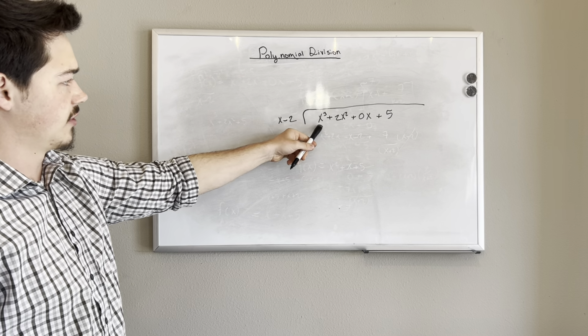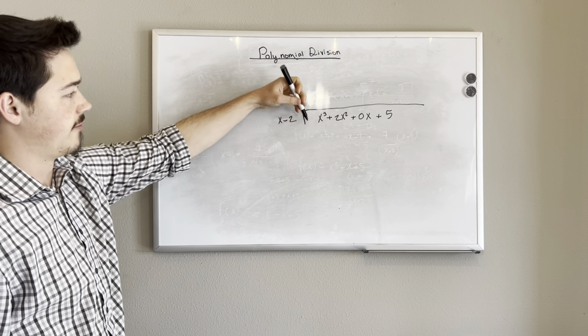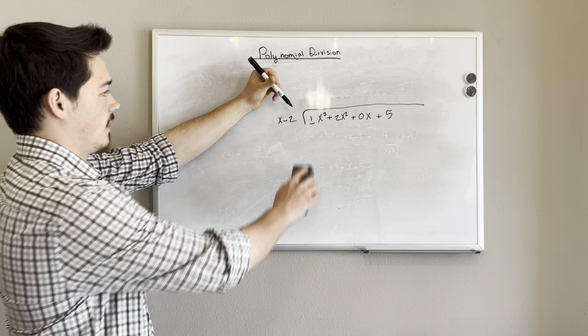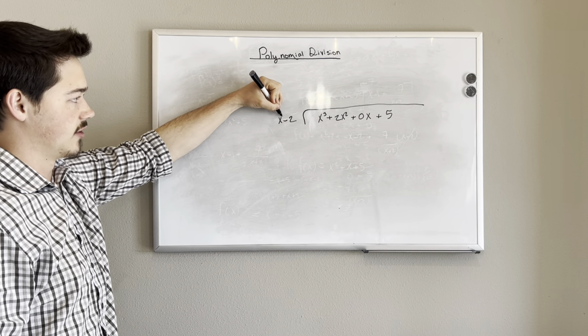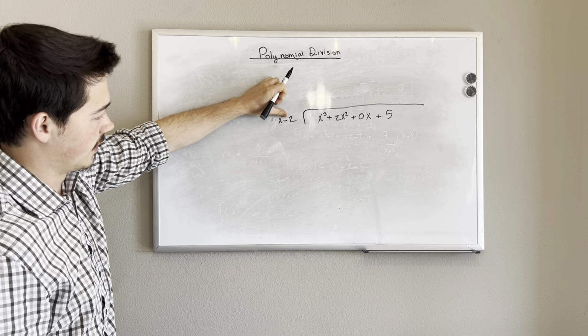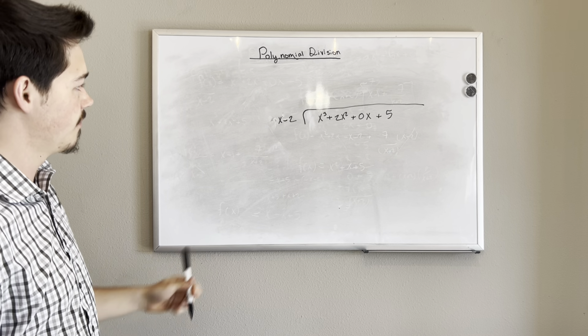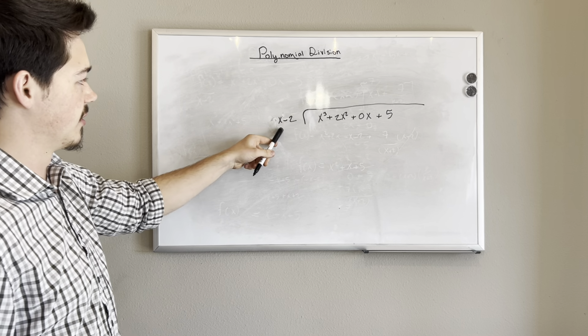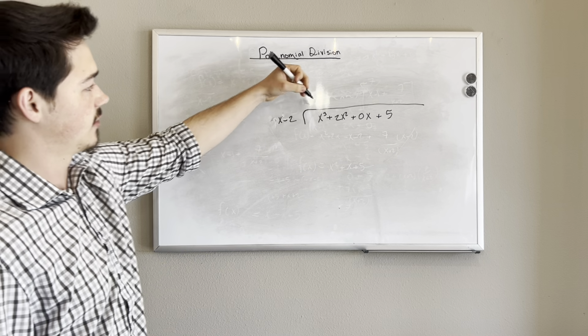We have our largest term, x cubed, and its coefficient is an unwritten 1. Same here, our largest exponent of x is 1, and its coefficient is also unwritten as 1. So we want this to match up with this. The 1's good to go. We want the exponent matched, so we're going to multiply this by what we would need to get it equal here, which is x squared.